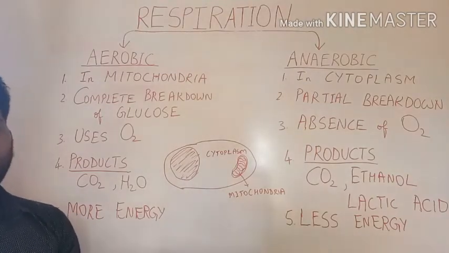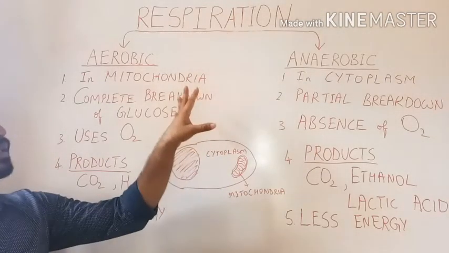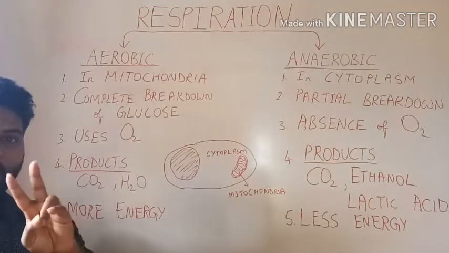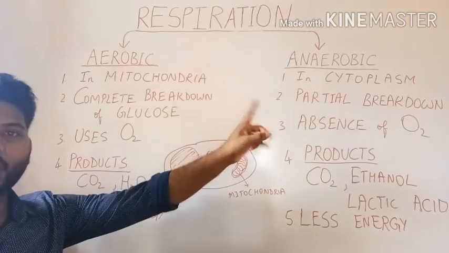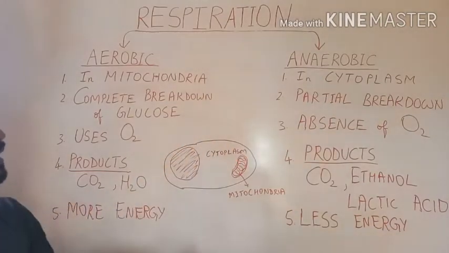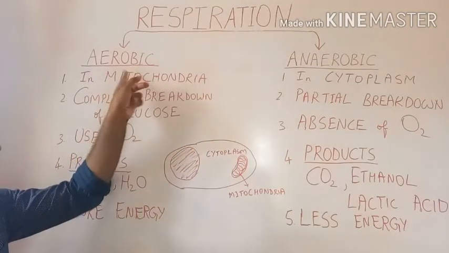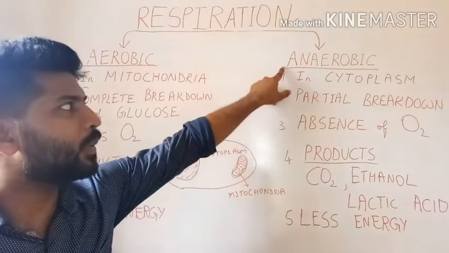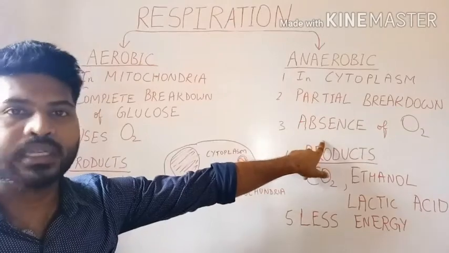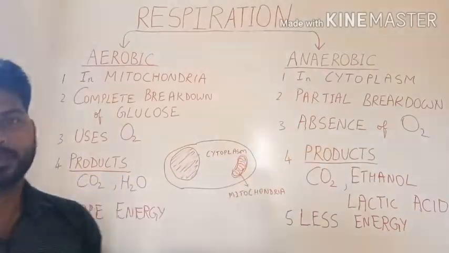Based on this, we can classify the process of respiration into two types: aerobic respiration and anaerobic respiration. Aerobic is the one that uses oxygen, whereas in anaerobic respiration, oxygen is not required.